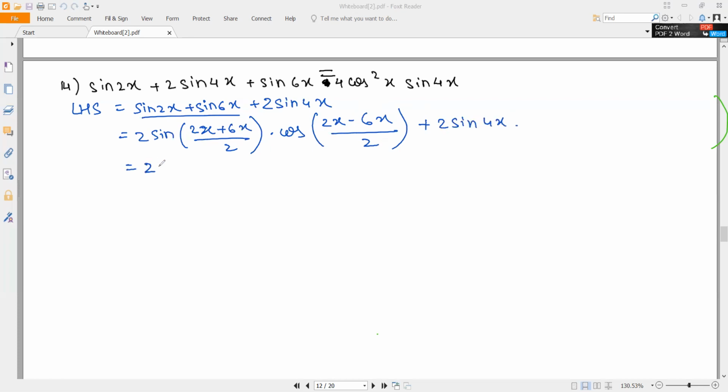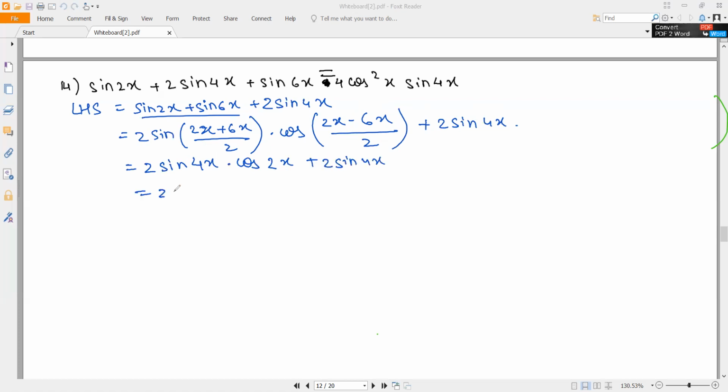This is equal to 2 times sin of (6 plus 2) is 8, 8x divided by 2 is 4x, into cos of minus 4x divided by 2, which is minus 2x, and cos minus theta is cos theta, so cos 2x plus 2 times sin 4x.